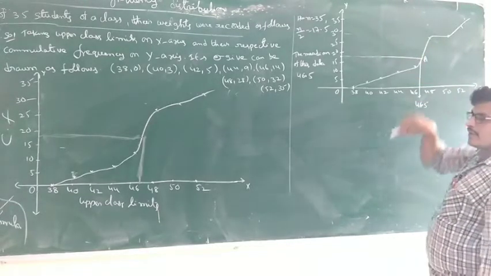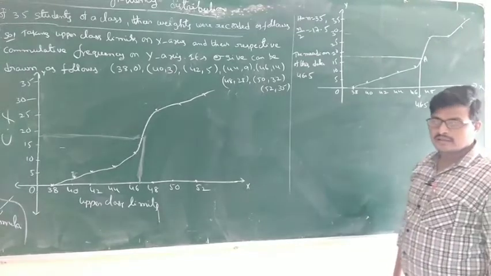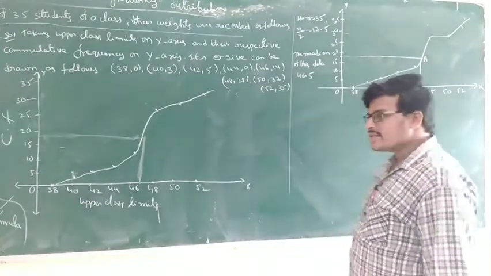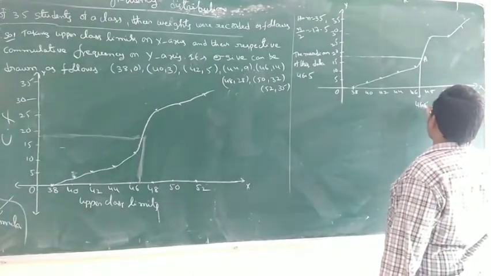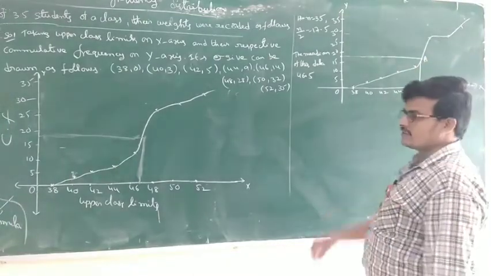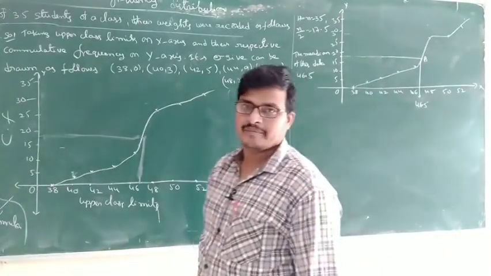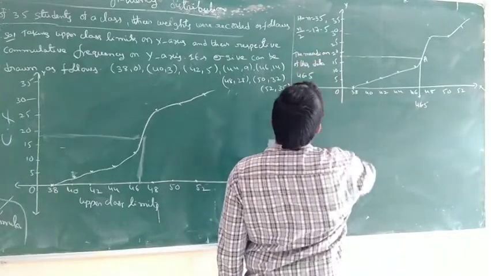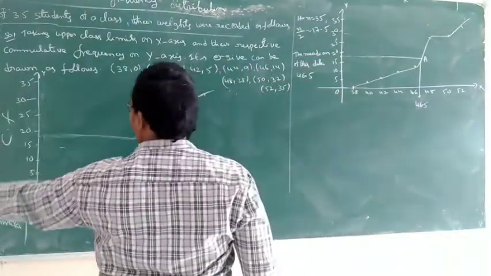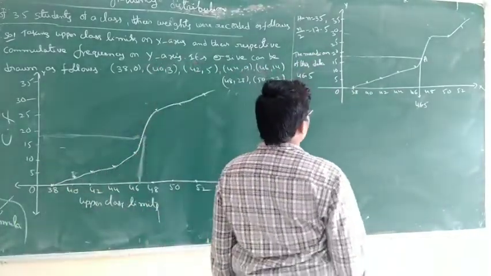On the graph paper, we have to draw the graph, and then point A is clearly identified. 46.5 is clearly identified, because 17.5 is n by 2. n by 2 is always taken from the cumulative frequencies.